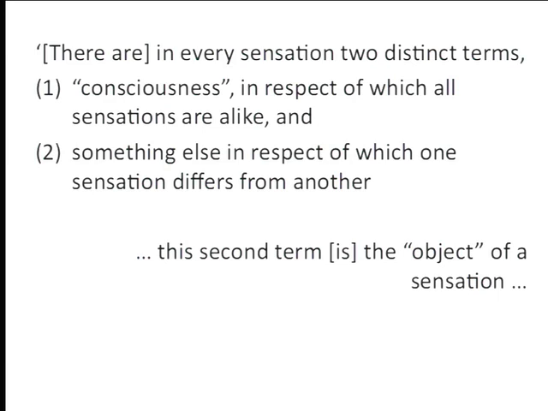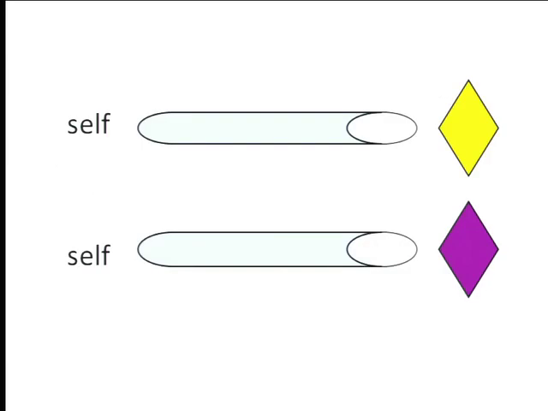So the picture is, there's a generic relation of consciousness in which you stand now to the yellow thing or now to the violet thing. This relation of consciousness is generic, and there are the colours out there in the world that you are experiencing. And that generic relation of consciousness is very difficult to attend to.